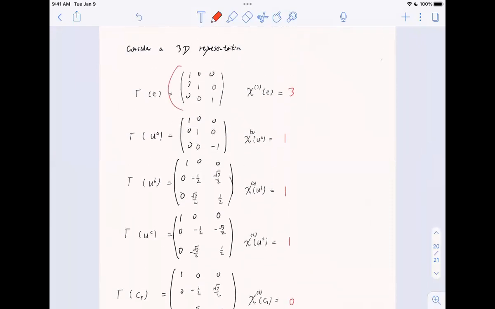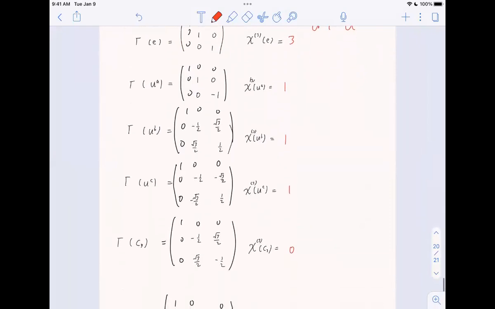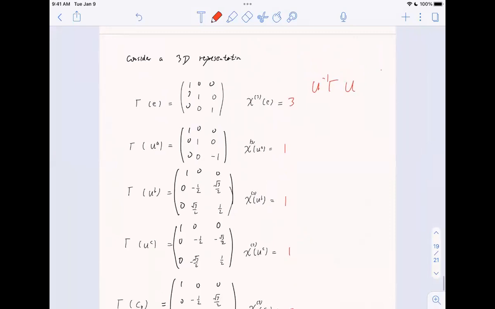Suppose now you do a similarity transformation. You use gamma and then add a U here, add a U here, change the coordinates to mess up everything. Then you won't be able to see the block form anymore. Any similarity transformation can easily mess up this block form. Then you see just a 3x3 matrix that you don't know what the composition is. Suppose now you mess up the whole thing, but the trace won't be changed.